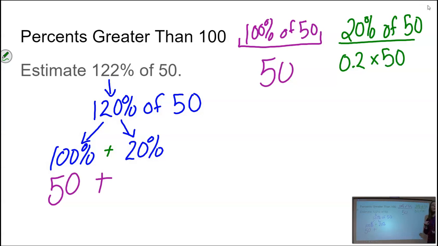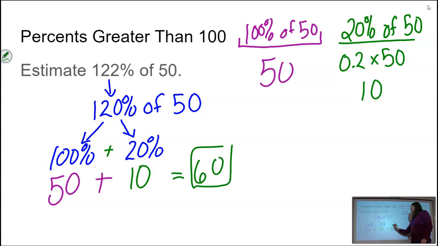And when I do 0.2 times 50, that is just 10. So 20% of 50 is 10. Okay? So then I just add 50 plus 10, and I get 60. So the estimate of 122% of 50 is about 60.